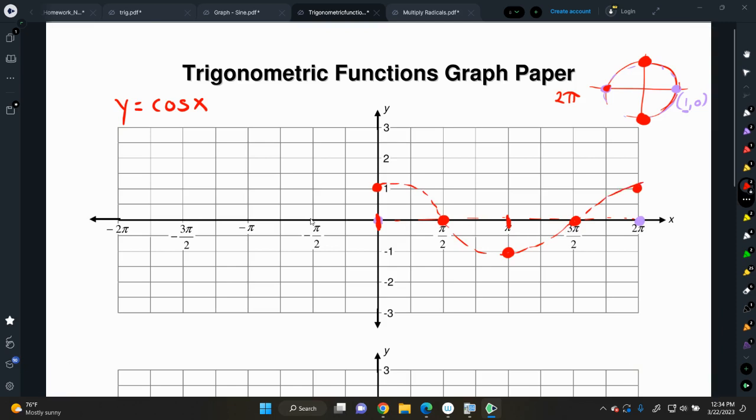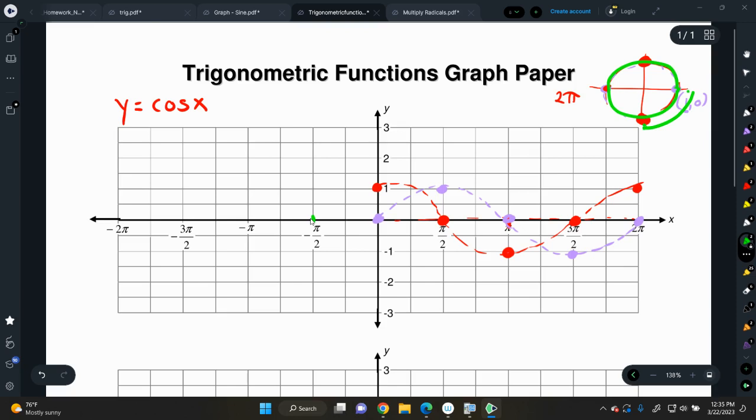And I know it has that shape, and I'll show you why I know it has that shape. Let me just sketch in my sine curve again. Here's my sine curve. Now, let me just show you. I went one full time around the circle. Now, what if I went the other direction? I want to figure out what's happening here at negative pi over 2.